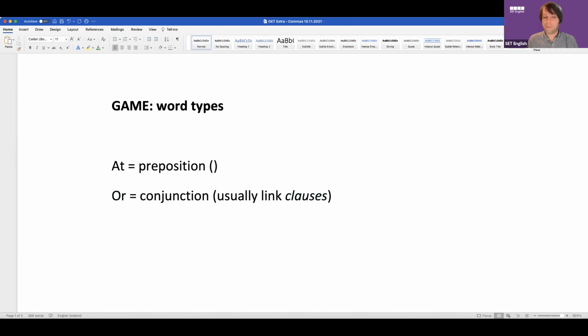Well, they usually link nouns, right? But they can also link verbs and nouns as well. They can also link adjectives and nouns, right? But they usually link words, right? It's different. A clause is different from words together, okay? This is very, very important because it's going to form a key part of using commas.